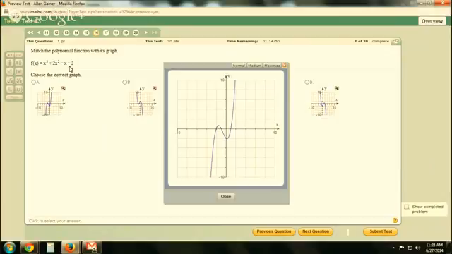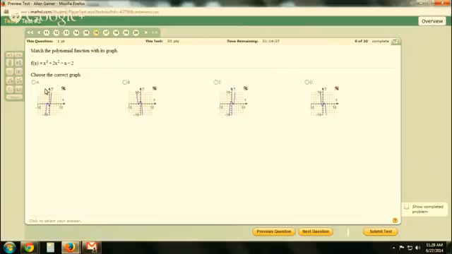If you put in 0 for all of the x's, then the y-intercept was at -2. So I'm looking for a picture that is down on the left side. I want it to be up on the right side, and I want its y-intercept to be at -2. Looks like this is the correct one. So the choice that we would make for this one is choice A.